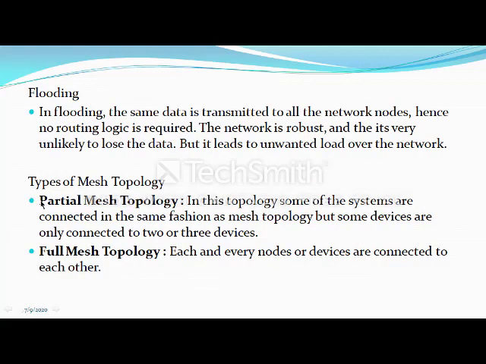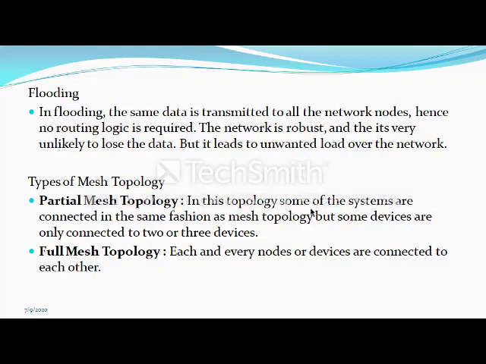Different types of mesh topologies: partial mesh topology and full mesh topology. In the partial mesh topology, some of the systems are connected in the same fashion as mesh topology, but some devices are only connected to 2 or 3 devices.